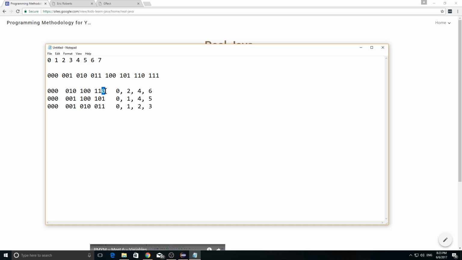The same goes for the second digit and the third digit.